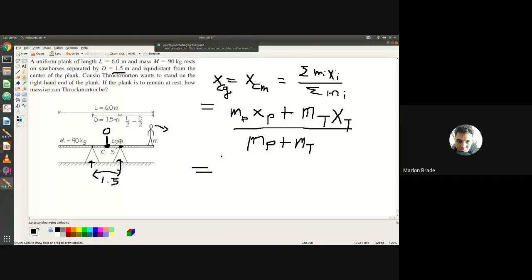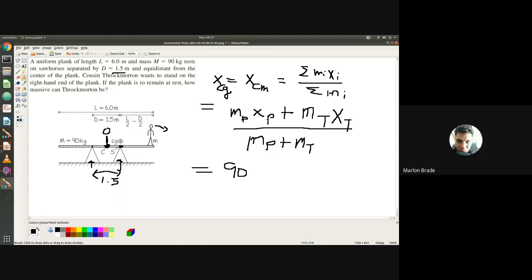So, pila ang mass sa plank? Guys, pila ang mass sa plank? 90. So, this is 90. Okay.